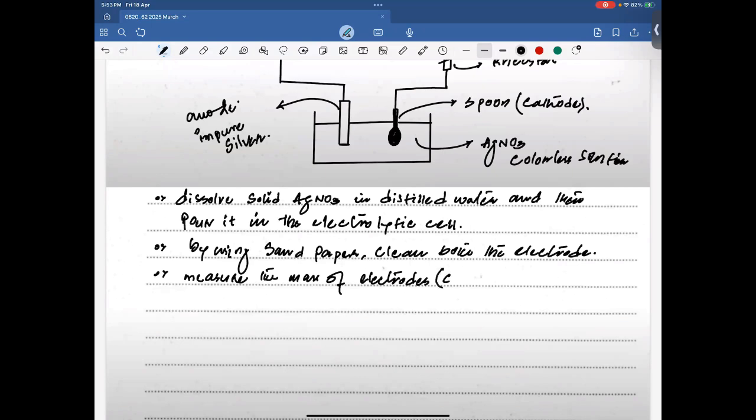Technically, I'm going to use cathode. So I can measure only cathode, okay? I can only measure the mass of cathode. So measure the mass of electrode or specifically cathode before experiment by using electronic balance.